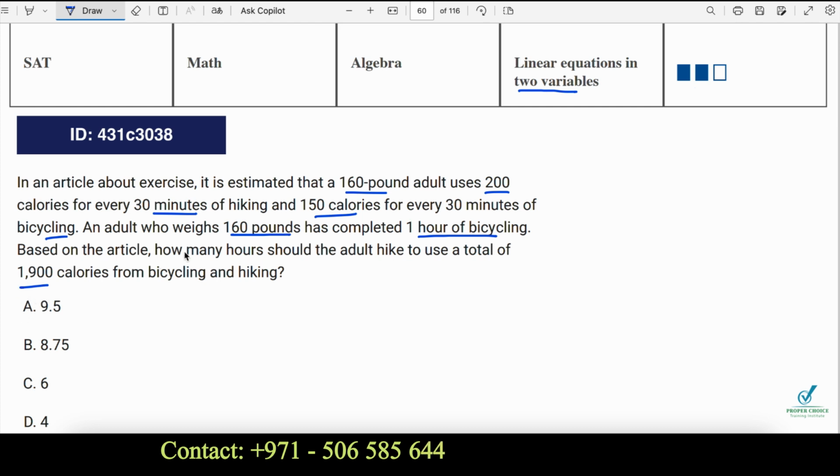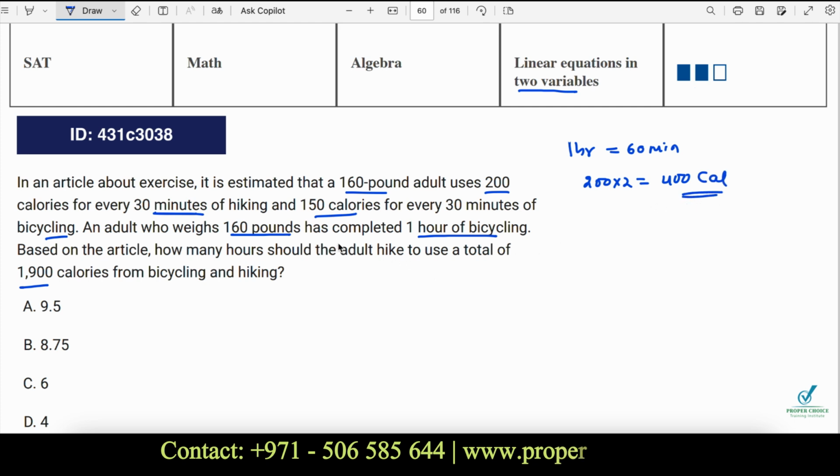As they clearly told, hiking takes 200 calories for every 30 minutes. Then how much in 1 hour? Because 1 hour is equal to 60 minutes, we know that. So I can say in 1 hour for hiking it is going to be 200 times 2, which is 400 calories used.